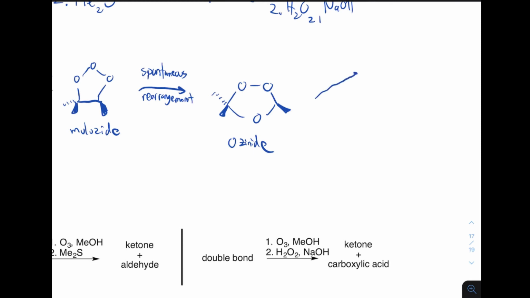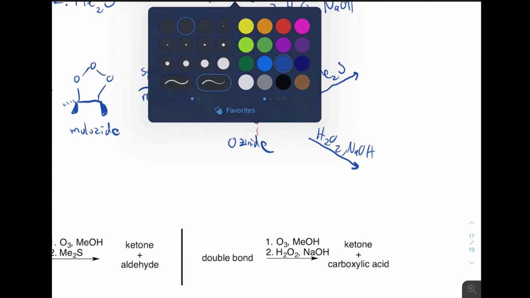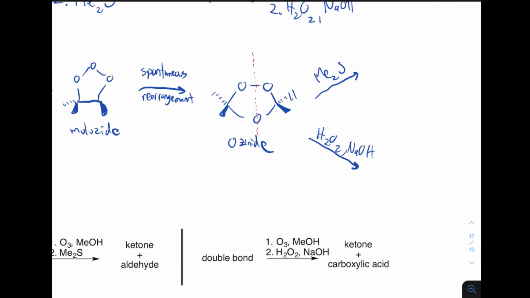So if we used the dimethyl sulfide, and if we use the sodium hydroxide, what happens? Essentially, the ozonide ends up, quote unquote, splitting down the middle. And you can see here, I didn't draw on the hydrogen, but I'll do that now.